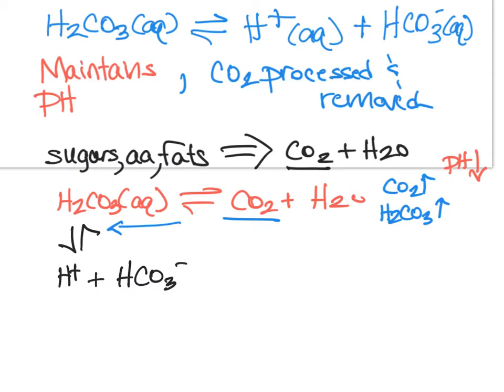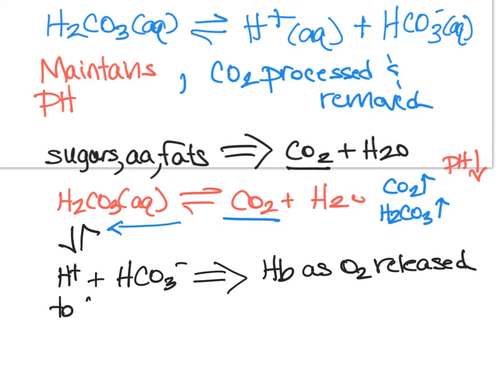And this bicarbonate goes back with hemoglobin after oxygen has been removed, after the O2 is released, to the lungs, where this will produce CO2 and water. The CO2 will be released and exhaled.